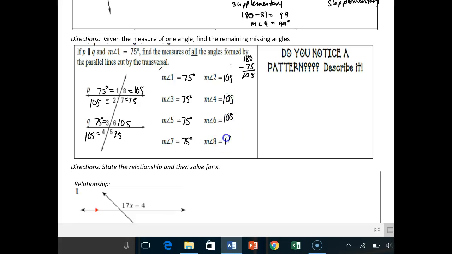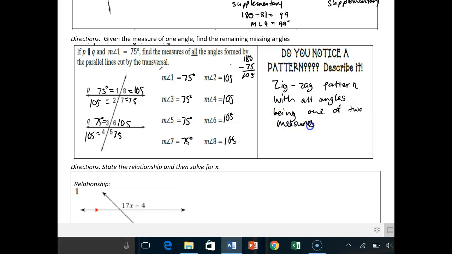Do you notice a pattern? Describe it. Hopefully you recognize a zigzag pattern with all angles being one of two measures. Right? You can either be 75 or 105.